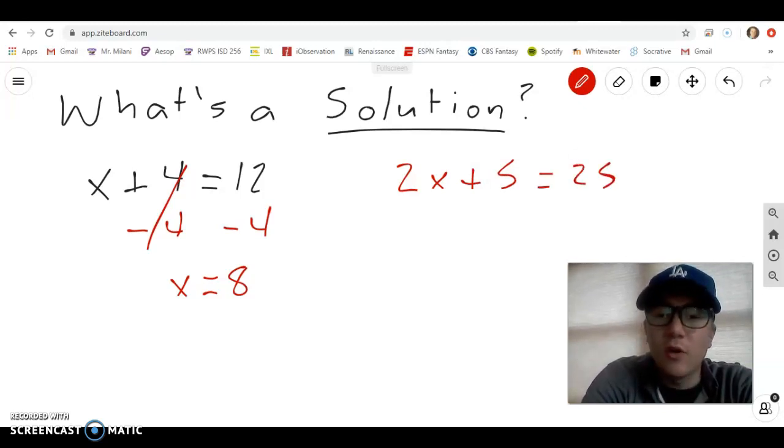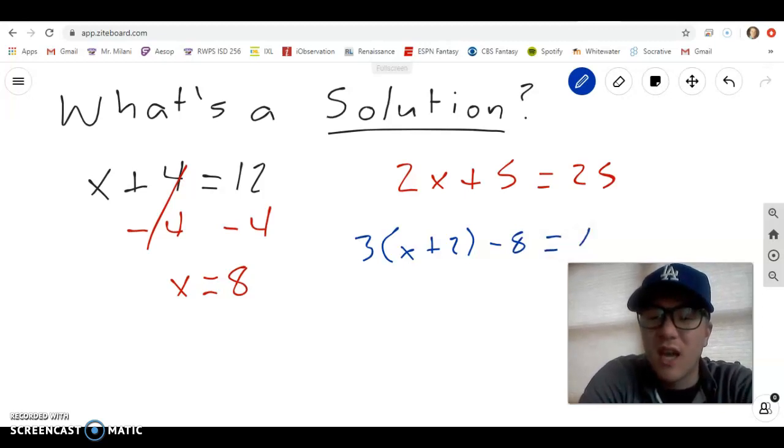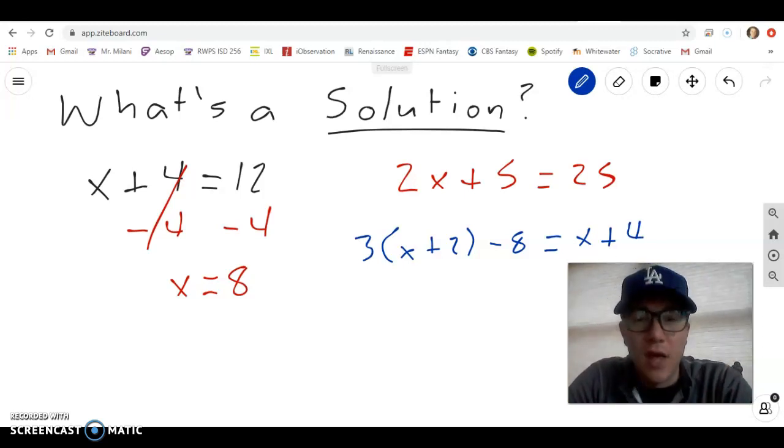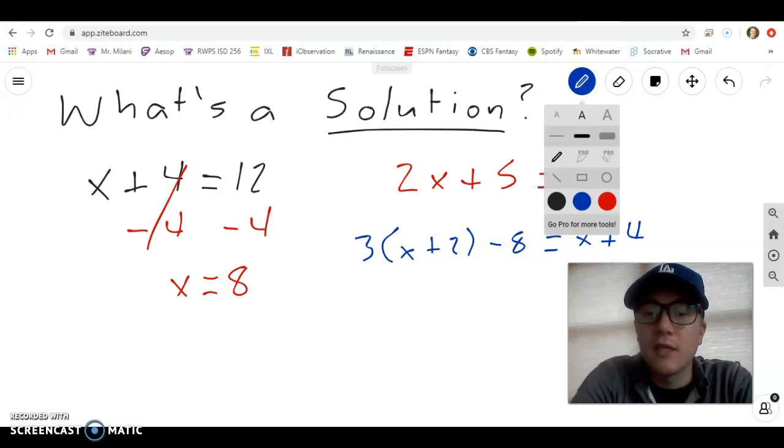We even had multiple steps involved, where you distributed first, like 3(x + 2) - 8 = x + 4, where you would have to do a whole bunch of work to get that x by itself. Well, when we did all of that, we were focusing on finding a solution.